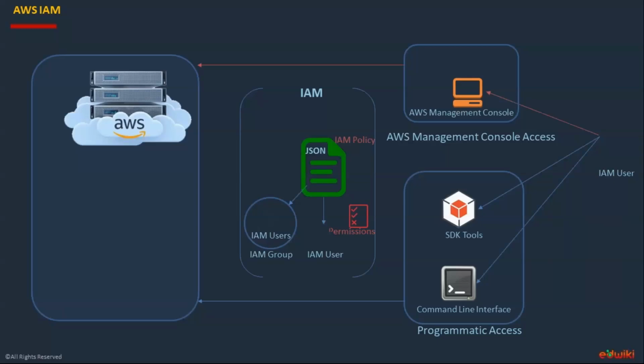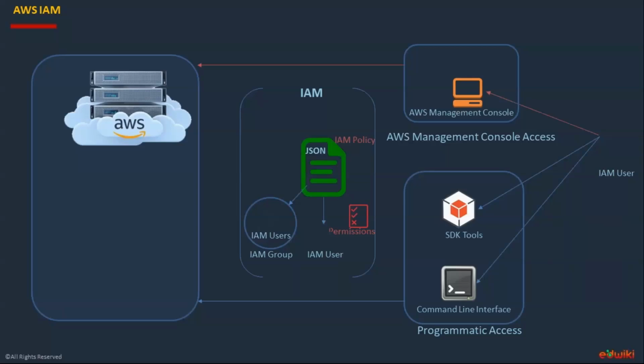We talked about this type of scenario at the Linux level as well, at an OS level, same thing. You put all the users that are part of the same team and need the same set of permissions into a group, then create a group and attach a policy to the group. Then that policy's permissions will be applicable to all the users.